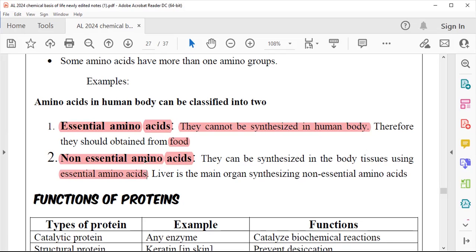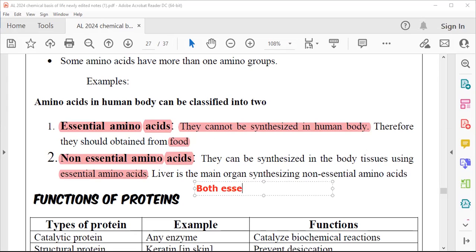Essential amino acids. If essential amino acids are not taken in, we will be lacking essential as well as non-essential amino acids.